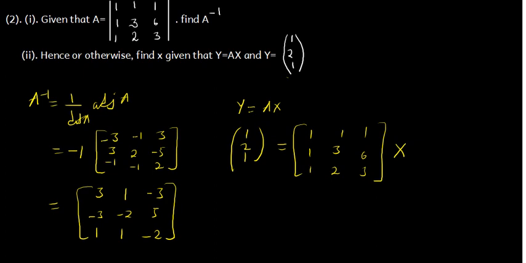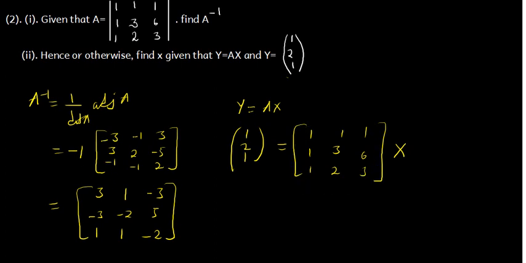But how can we find this? Well, to remain with x alone, we need to multiply both sides by the inverse of this one, because if we multiply by the inverse, this one is going to go.